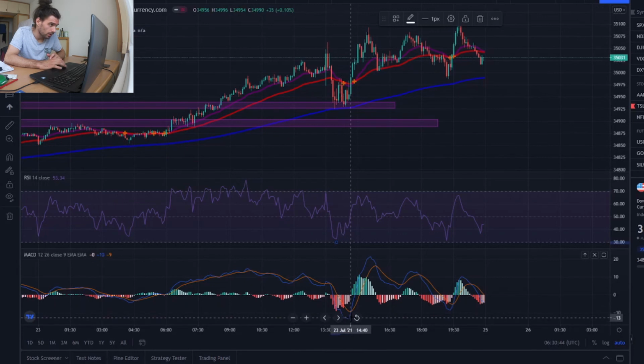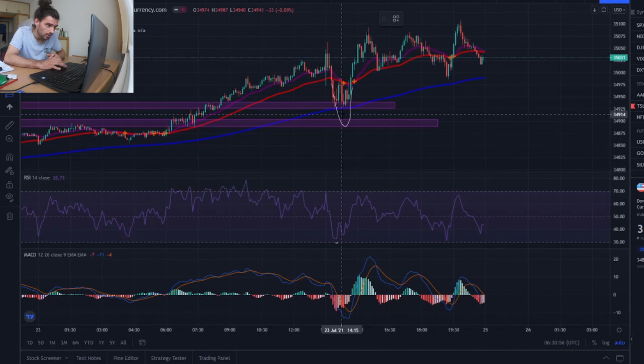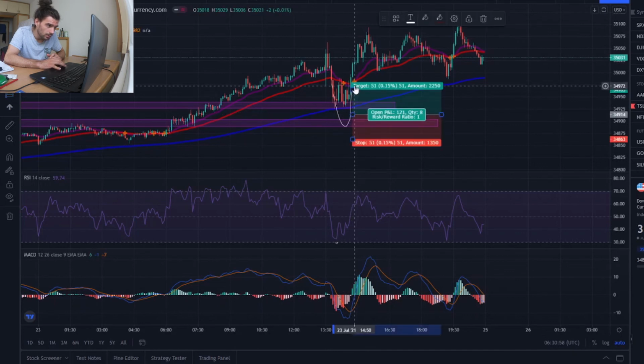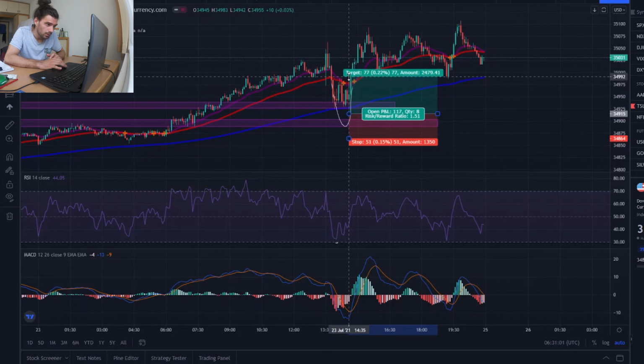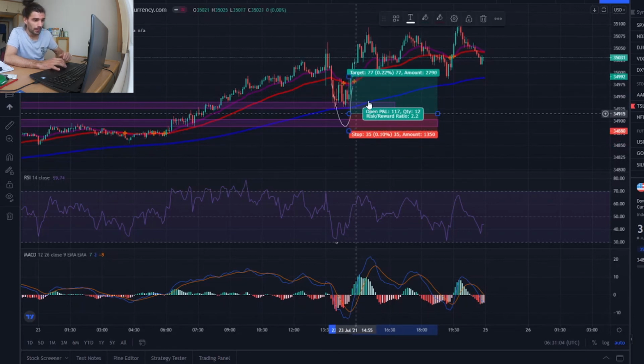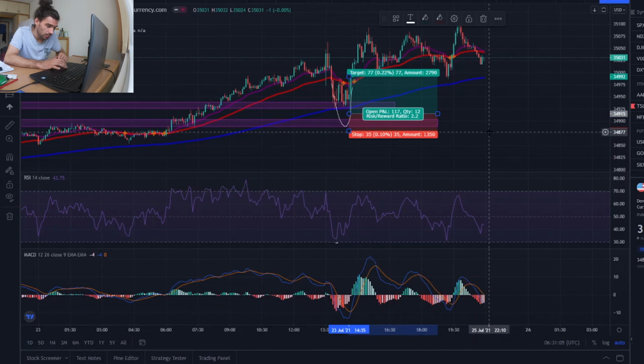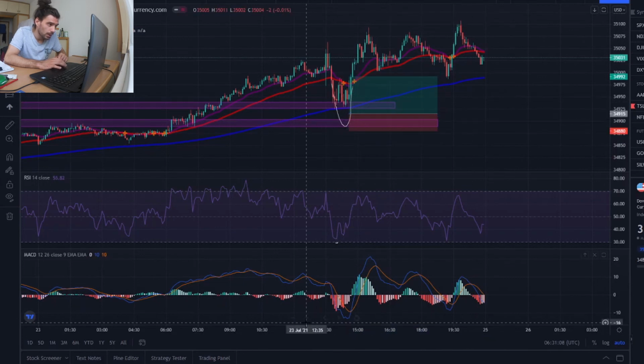And so if we had a move like this, I would have entered here somewhere, and so something like this. This is what a trade would have looked like. But this is why I probably wouldn't have traded this one.